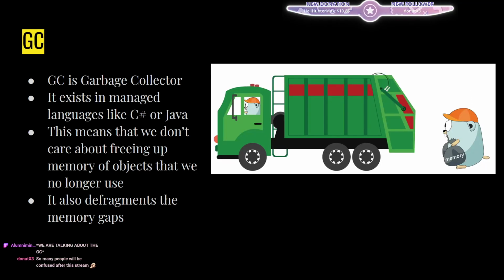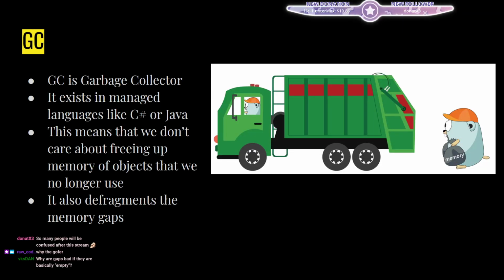And the thing that does this fixing is called garbage collector. Garbage collector exists in managed languages like C# or Java. It doesn't exist in languages like C or C++, and therefore you need to manage the memory there yourself in C or C++.